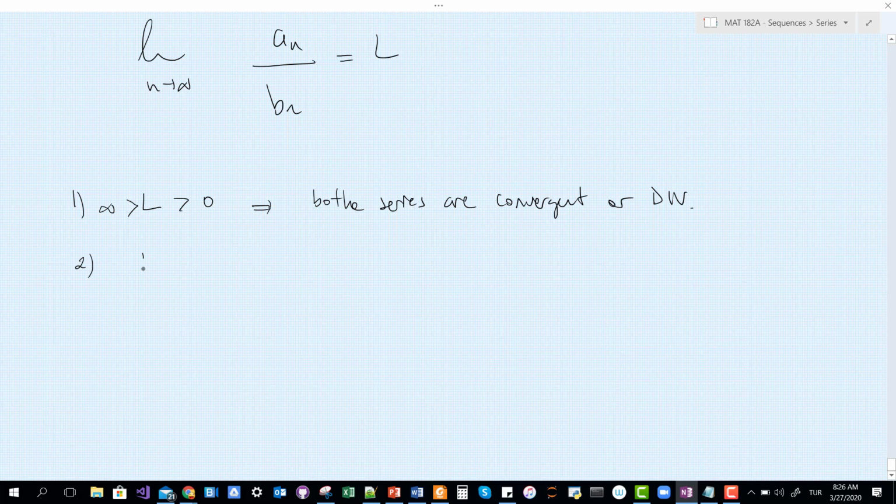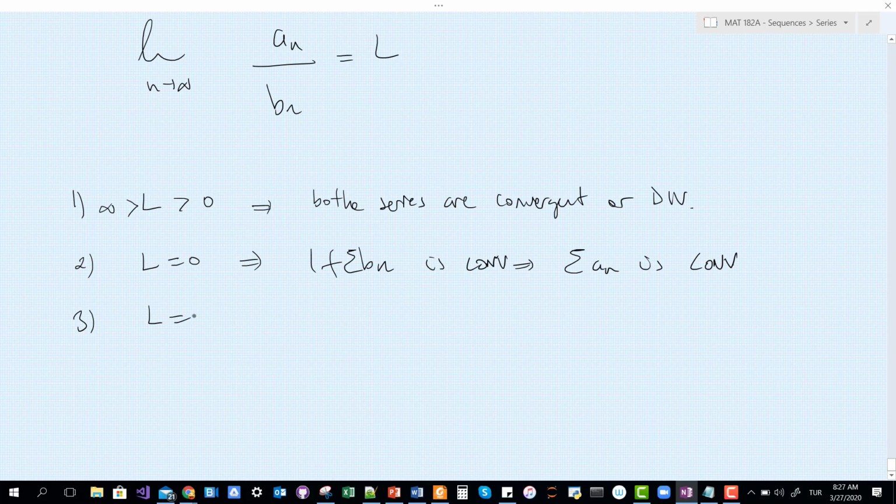Secondly, if this number is equal to 0, then if the series bn is convergent, then you can say that the series an is convergent. I need to write actually the series, not the sequences, since these are just the general terms. We need to keep the correct form.